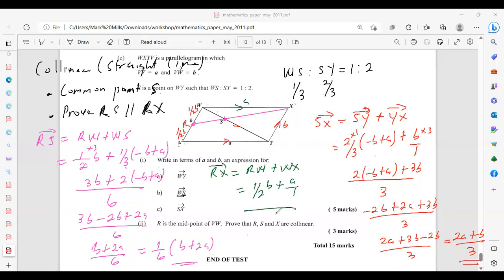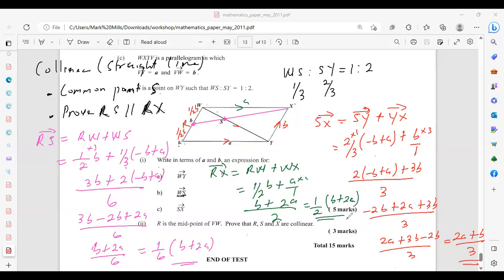We find the LCM, which is 2. So this gives B plus 2A over 2. I can represent this as 1 over 2 open bracket B plus 2A.